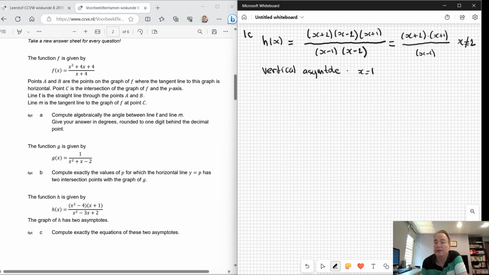So actually at x is 2, it is a, how do you call it, a perforation. So there's only one vertical asymptote, x equal to 1. So then it must have a horizontal asymptote. So we need to look at the limit of this thing going to infinity.